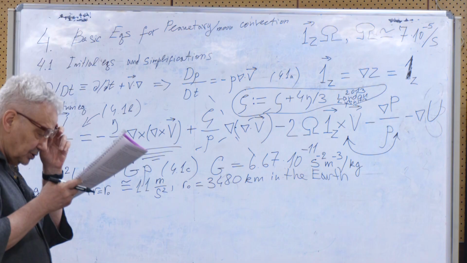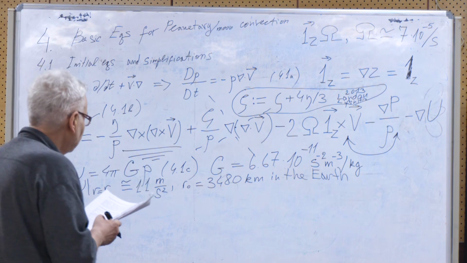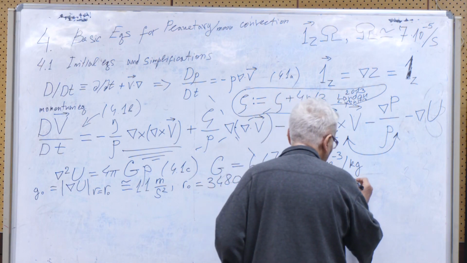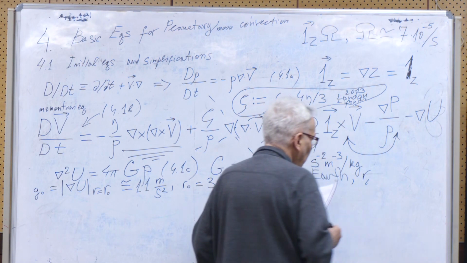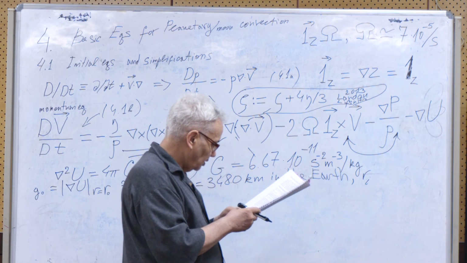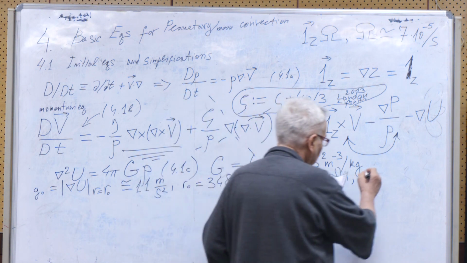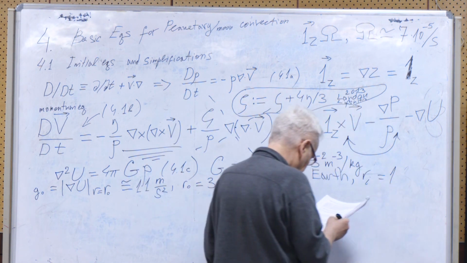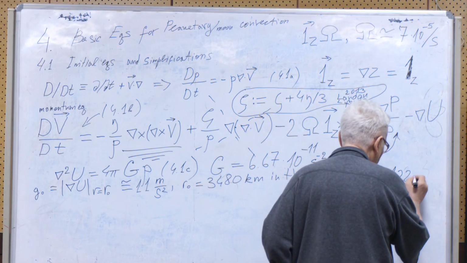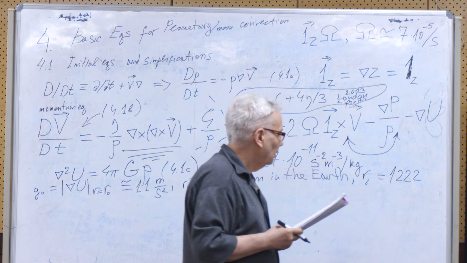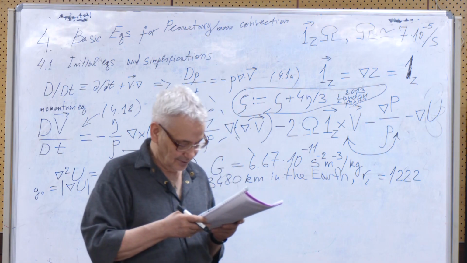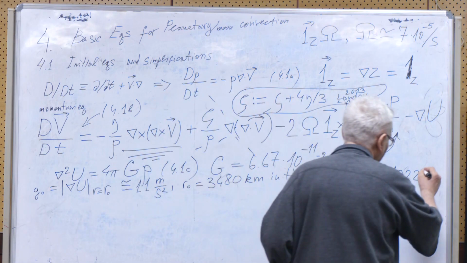And at the inner boundary of the liquid core, there is another radius which we denote, as in our previous notation, Ri, and its value is 1,222 kilometers in the Earth, of course, again.